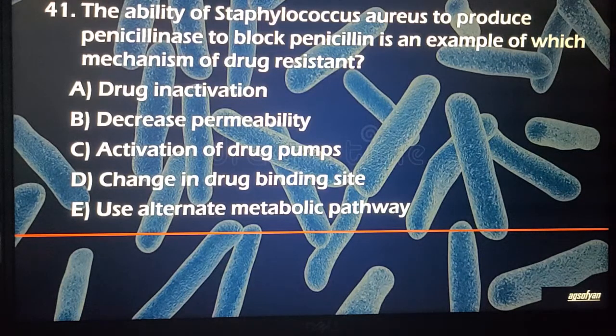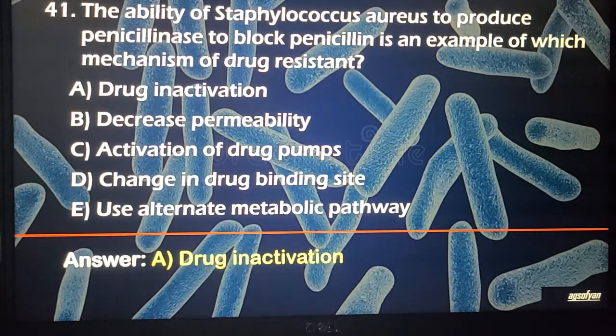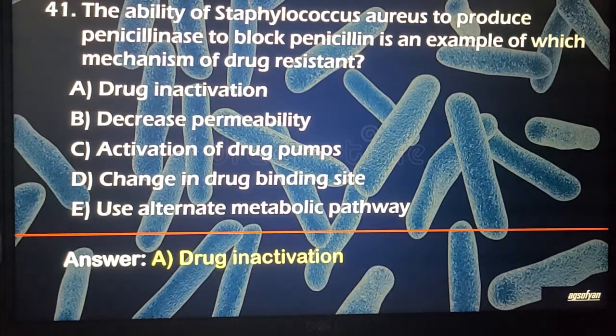Choose your answer. Yes, the answer should be drug inactivation. Okay, because this Staphylococcus aureus is able to produce an enzyme called penicillinase, and this penicillinase will destroy the penicillin. So therefore, penicillin will not be effective against Staphylococcus aureus because of this ability.